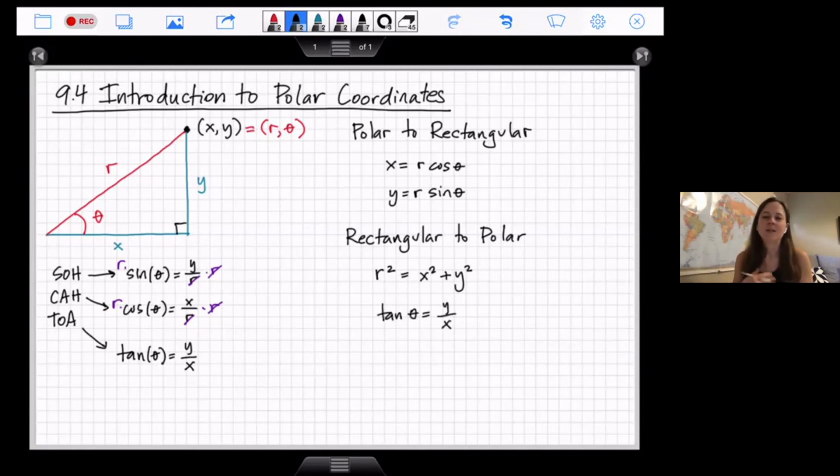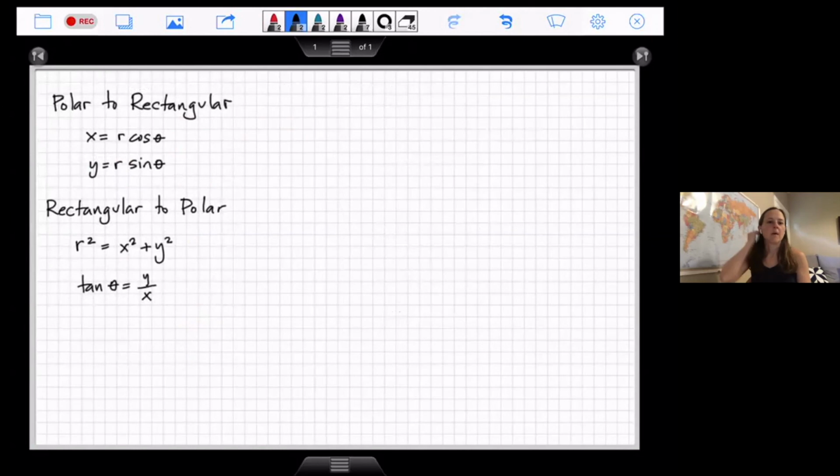Okay, so let's do a couple of examples trying to use these formulas to convert back and forth between polar and rectangular. Okay, so I've copied our formulas here. Let's go ahead and pick a couple of points to convert from polar to rectangular and rectangular to polar. Okay, so let's start.